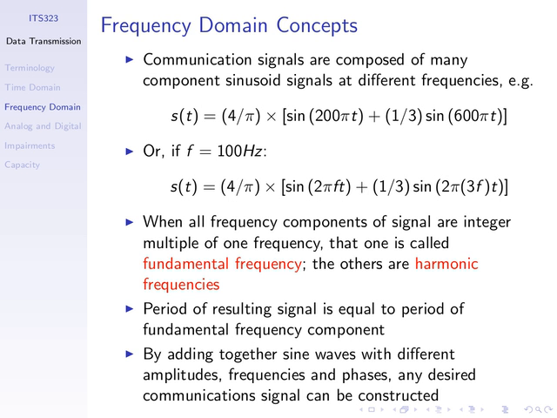What is the frequency of component B? Frequency of component A is 100 Hertz, so B is not 200, 300 Hertz.